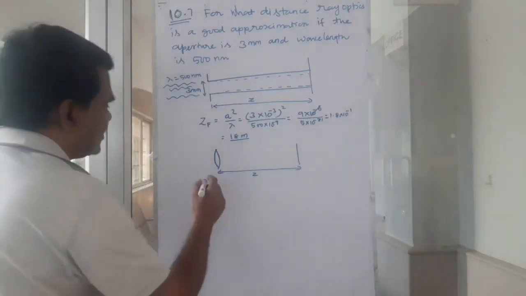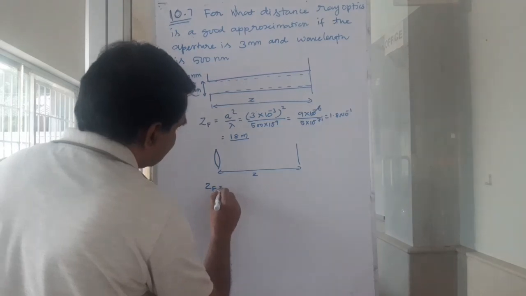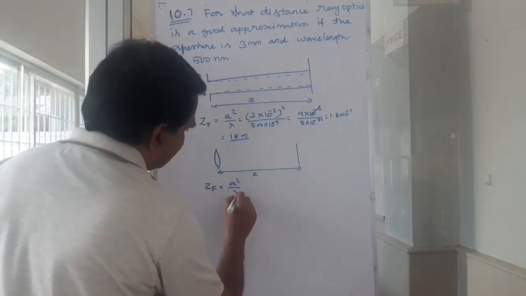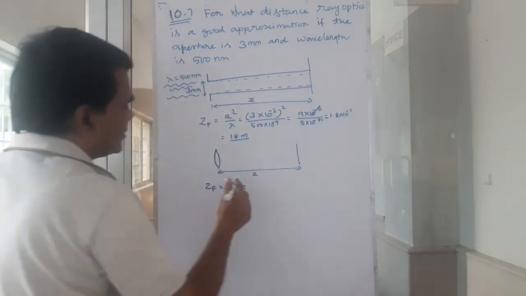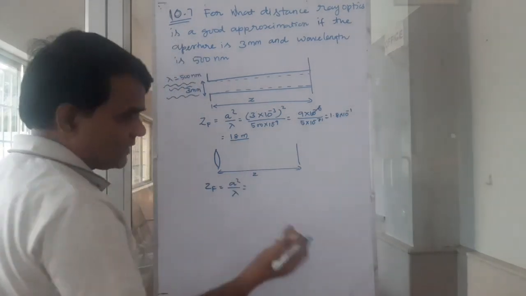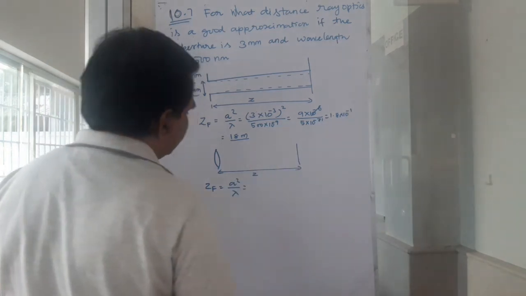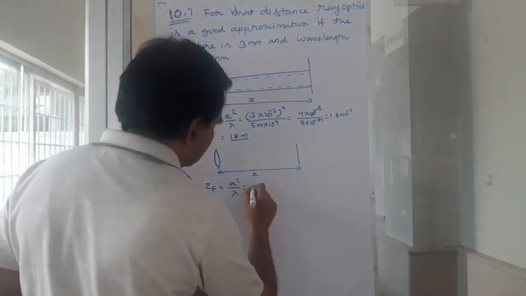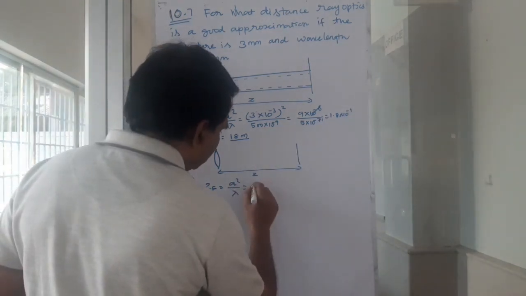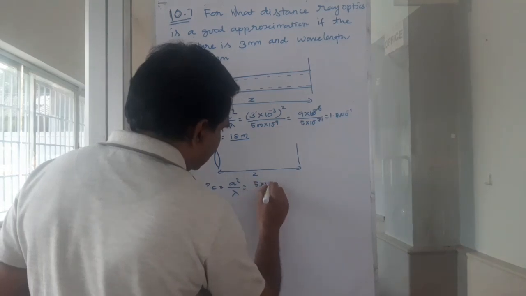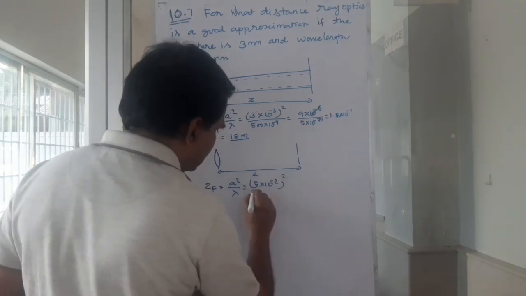So ZF again is equal to A squared by lambda. I told you A in this case is 5 centimeters roughly, actually 4.5, we'll take it as 5. So that is going to be equal to (5 into 10 power minus 2) squared.